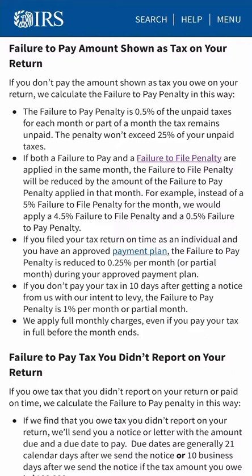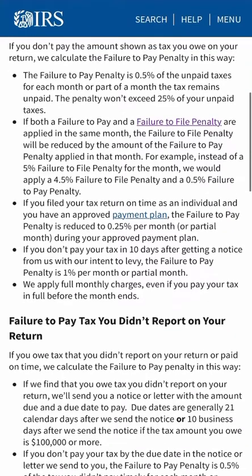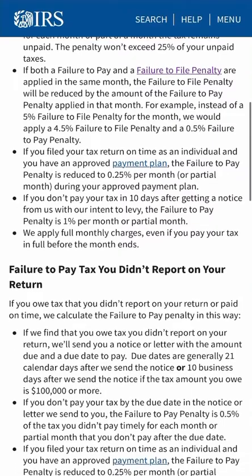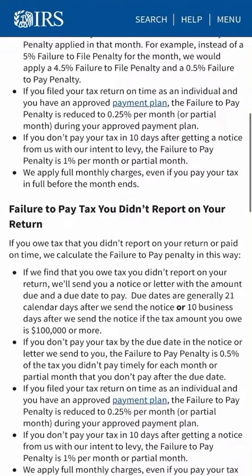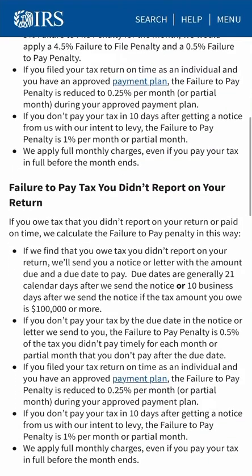What that means is both penalties within a month cannot exceed 5%. They'll max it out at 5% per month, and it'll go up to 25% overall. So that's the purview of how the penalties work in that instance.